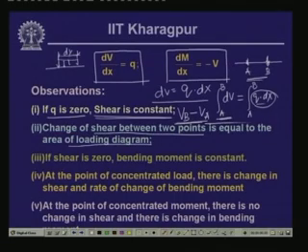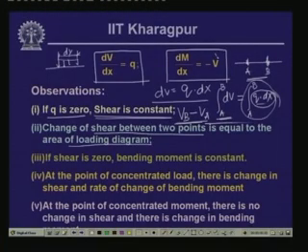So, integrated between A to B, this is nothing but the area of the load between points A and B, and that is equal to the difference in shear between points B and A. So, on the beam, if you have a uniformly distributed load, then the difference in shear between these 2 points B and A is equal to the area of the loading diagram between B and A.